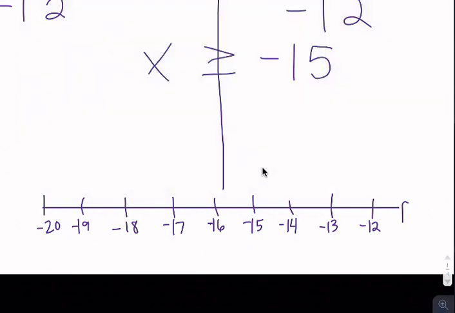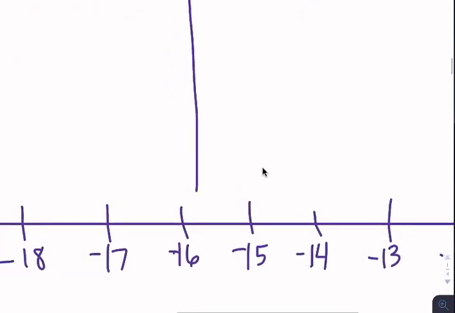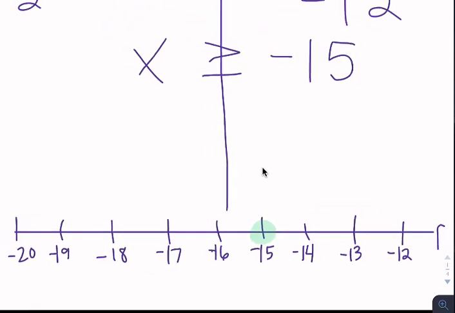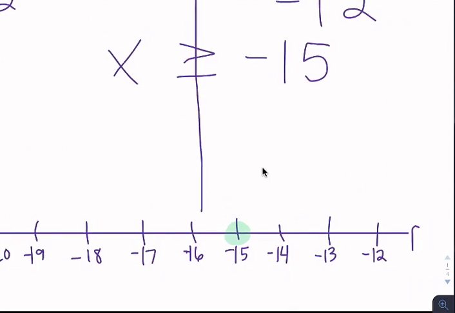So on negative 15, I am going to make my boundary point. And it is going to be filled in so that we know that negative 15 is a solution to this problem. And the numbers that are bigger are the negative 14, negative 13, negative 12. So going to the right.